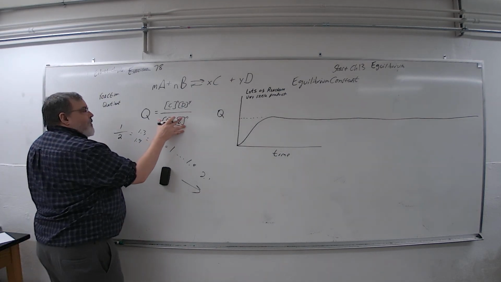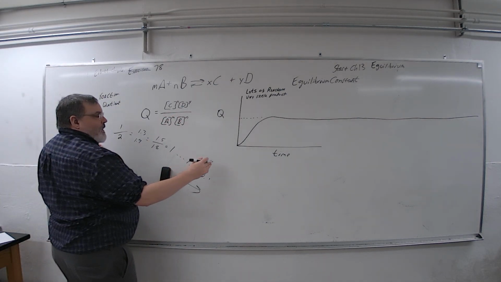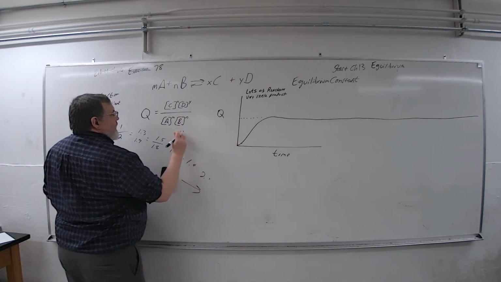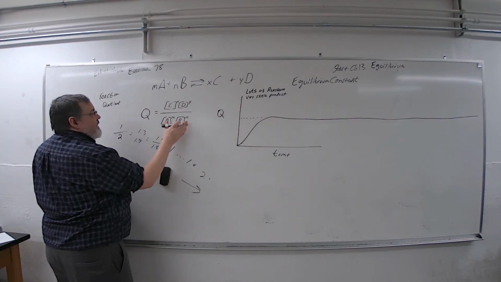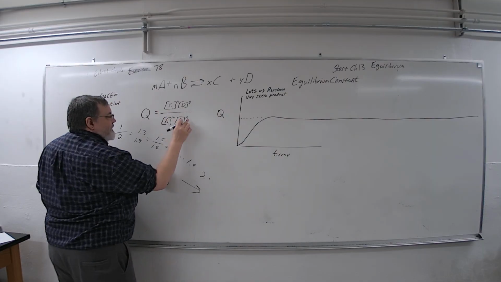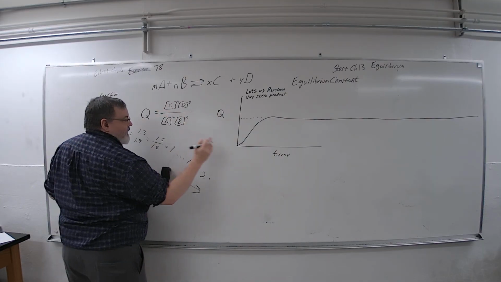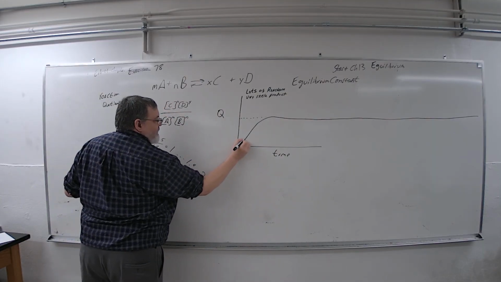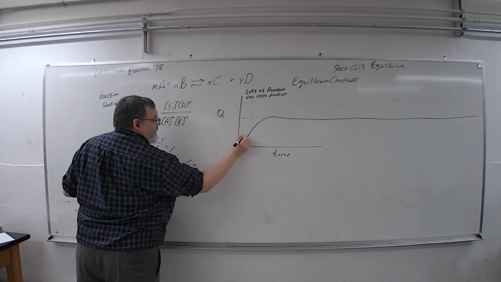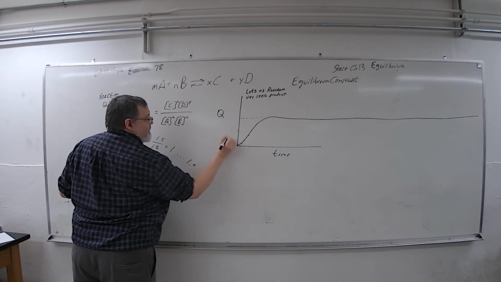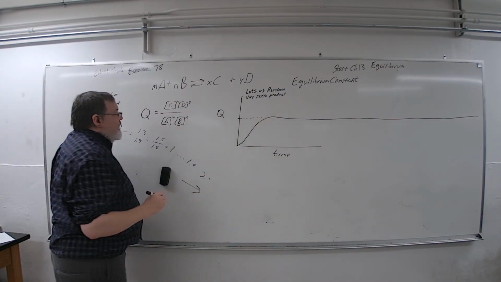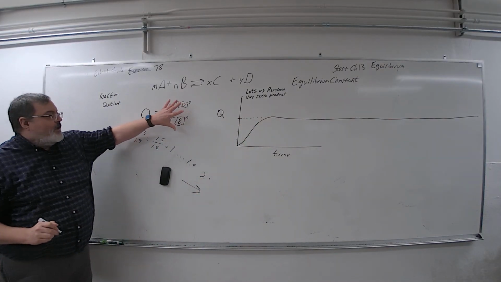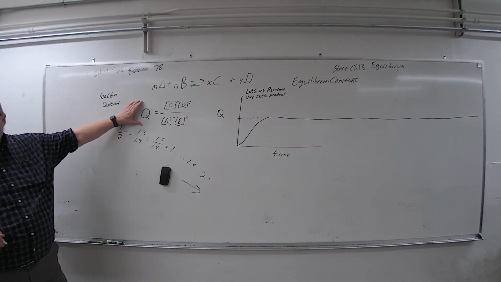So at this point, I look at A, I look at B, I look at C, I look at D, I get their concentrations, and based on the balanced reaction, I put that in, and I do a calculation, and then I get a number. So right there I did it, and that was Q, right there I did it, that was Q. When I got here, it stopped changing. Whatever this equation came out to be, it just stayed that from now on.